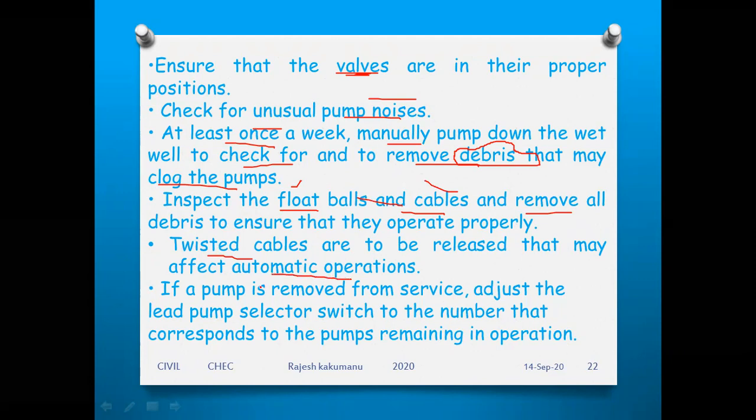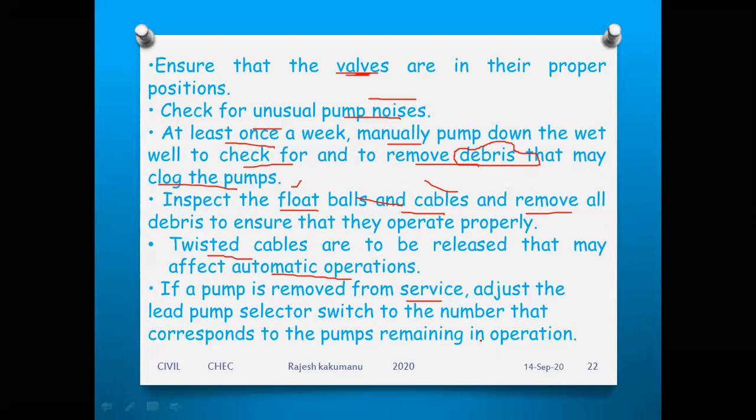నెక్స్ట్, in a pump, if a pump is removed from service, adjust the lead pump selector switch to the number that corresponds to the pumps remaining in operation. So whenever you want to do a service for any pump which are connected in a series, right? Adjust the lead pump selector switch to the number of the remaining pumps while in operation.